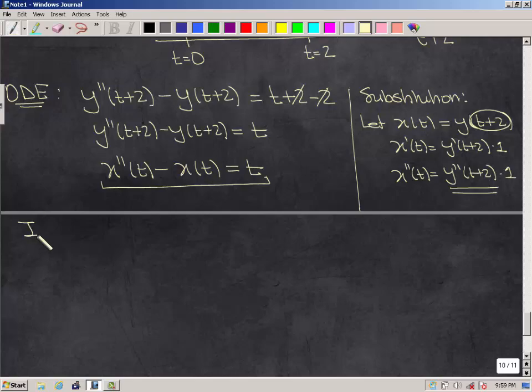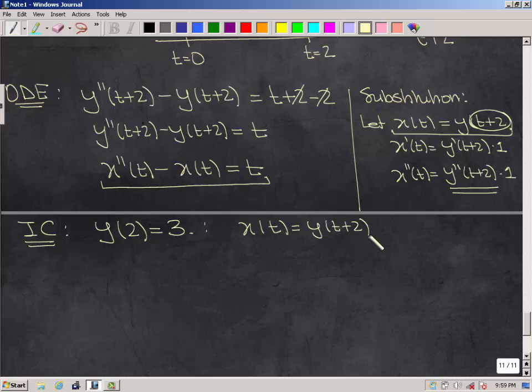But let's worry about the initial conditions now. What were my initial conditions? They told us that y of 2 was 3. So how can I use that? Let's take a look at the substitution we did. We know that x of t is equal to y of t plus 2.